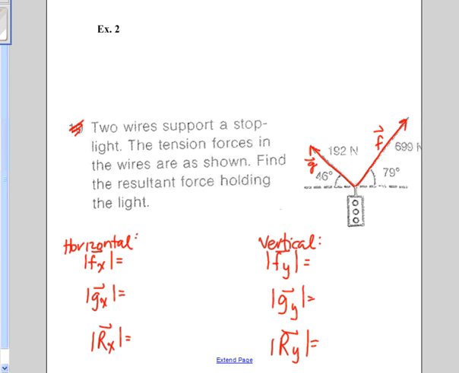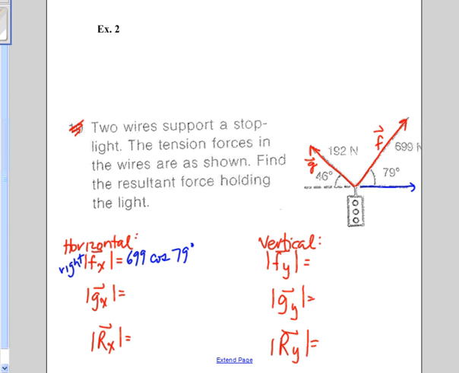For my horizontal, we use cos. We are determining the force going this way. So for F, it's going to be to the right. My force for F is 699. To find the horizontal component, we use cos because it's adjacent, and the angle is 79 degrees.